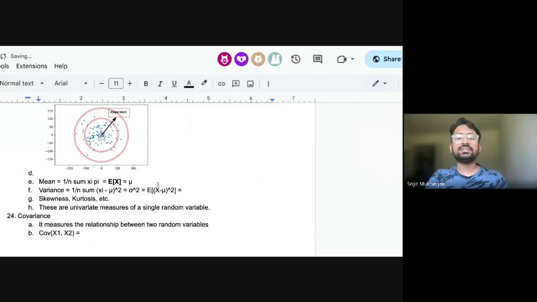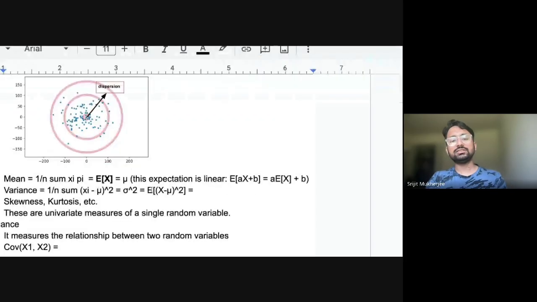Remember that expectation is linear. By linear we mean the expectation of ax plus b is a times the expectation of x, just like an average works, plus b.